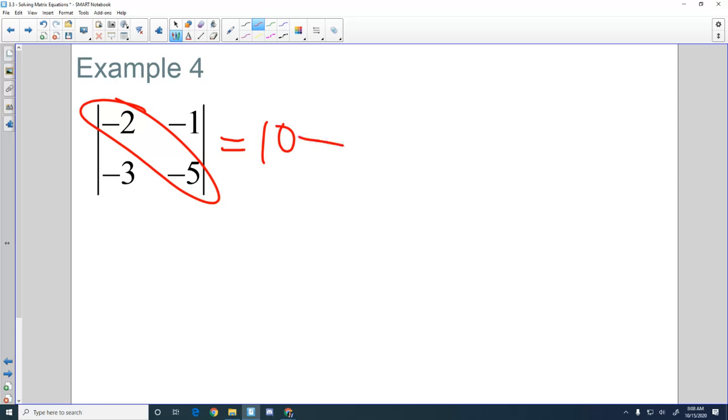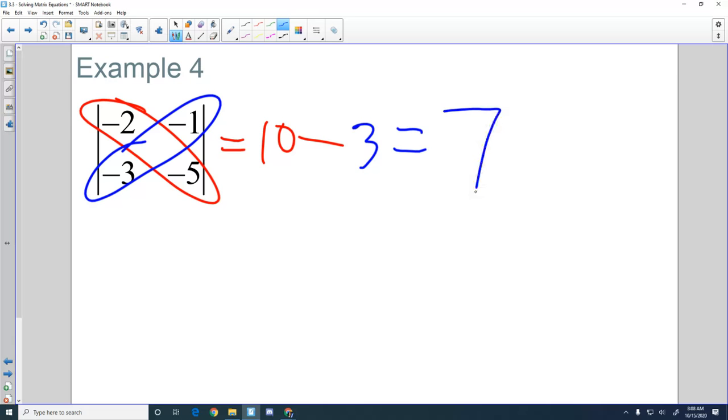Put the minus right away, please. Then take the second diagonal, multiply them. Negative 3 times negative 1 is positive 3 and 7. What? Yes? No? Yes? Okay, it's 7. All right, some of you are messing with me.